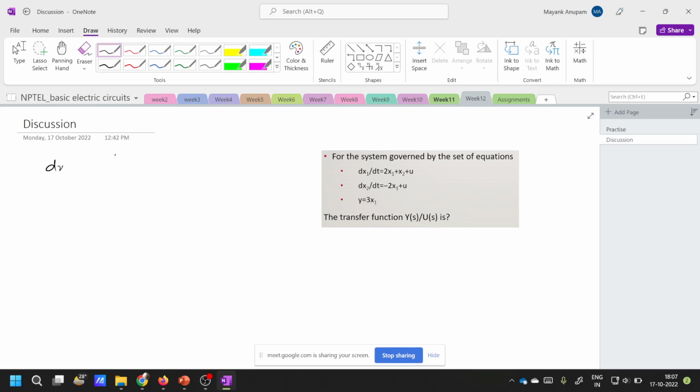So the first equation is dx1 by dt is equal to 2x1 plus x2 plus u, right?